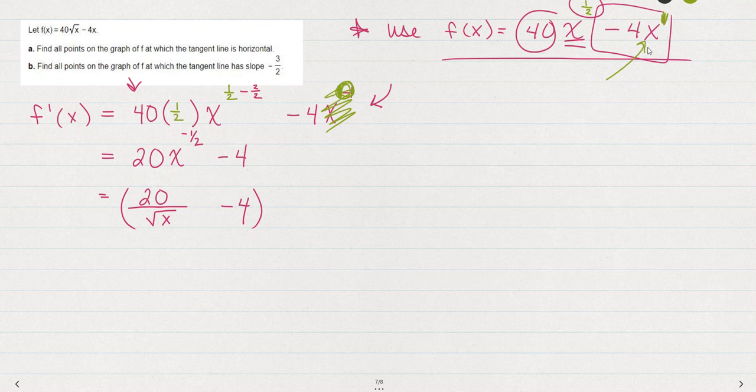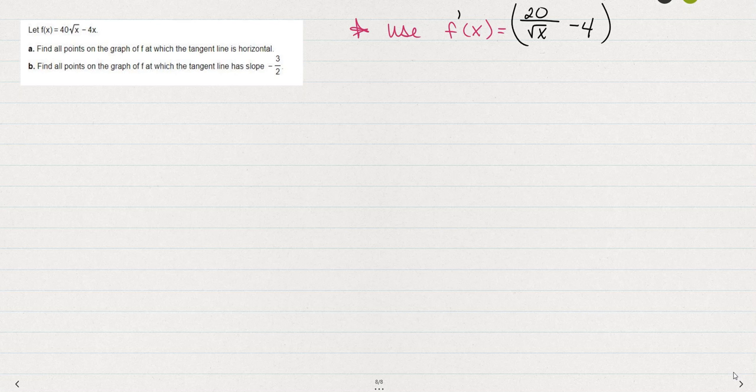But you might look at this and just say, the derivative of negative 4x is simply negative 4. So I'd get 40 times 1/2. Half of 40 is 20. x to the negative 1/2, minus 4. That negative 1/2 means that I write this x in the denominator as a square root of x. So we have 20 over the square root of x minus 4 for the derivative.